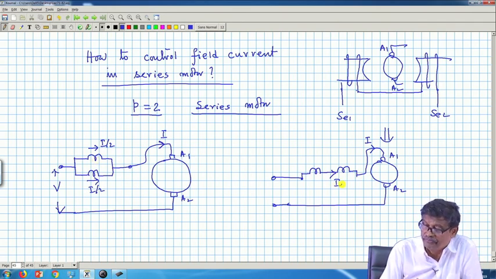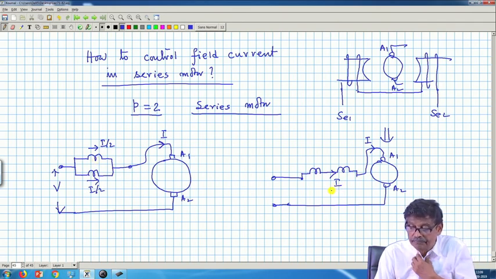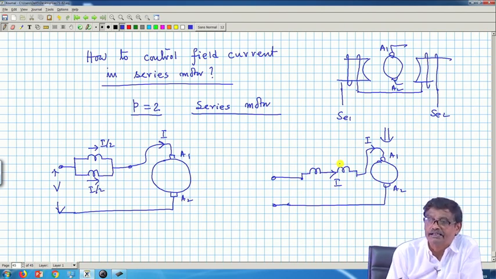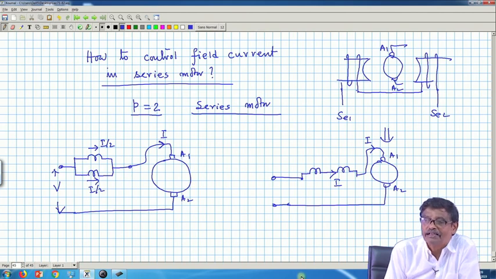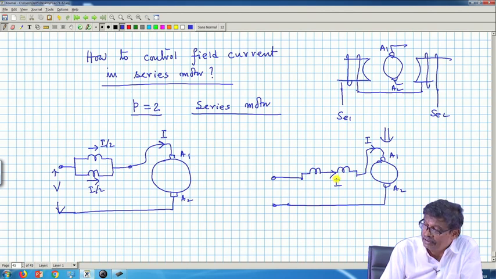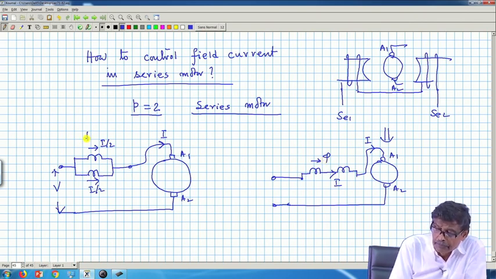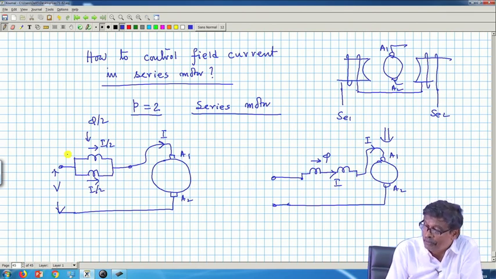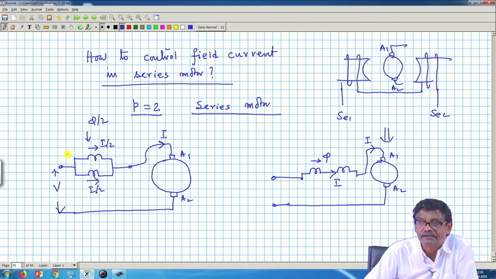Therefore, flux per pole phi, which is important, since k phi Ia is the torque and back EMF is k phi n. What is phi? Phi is flux per pole. So, in one case it is phi, and in this case it will be phi by 2, because you are passing half the current through the same number of turns.